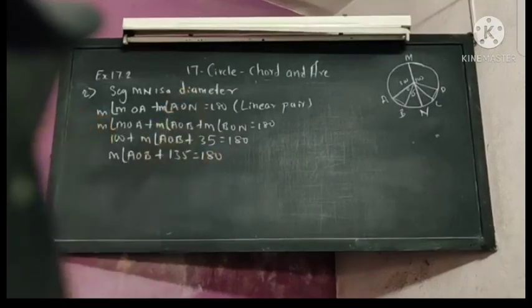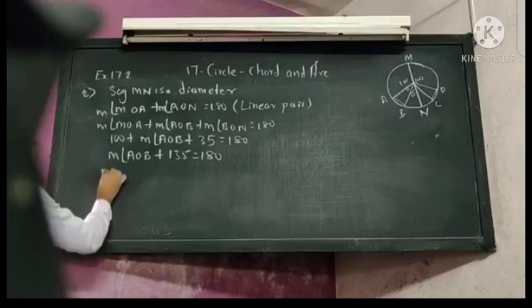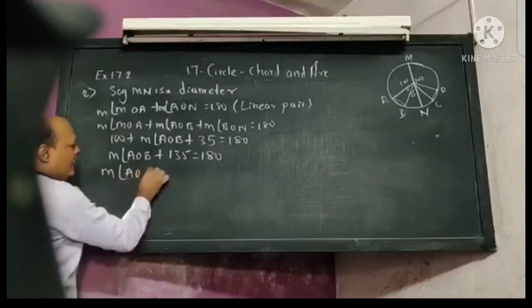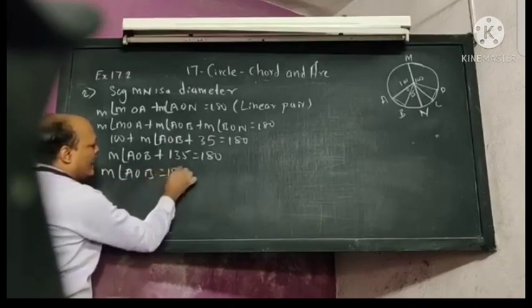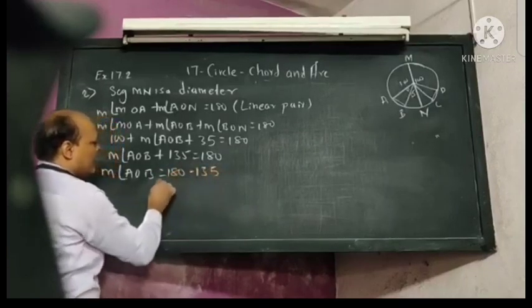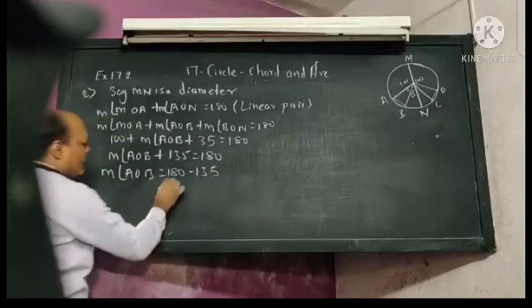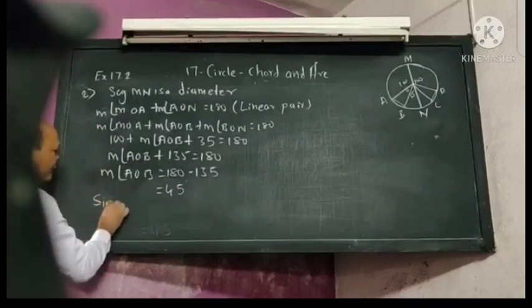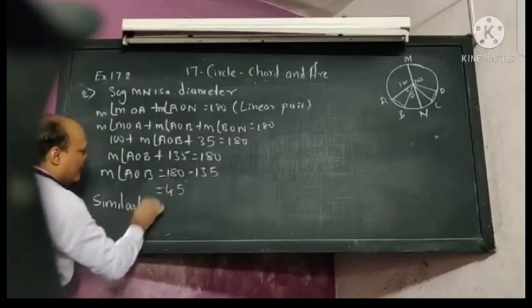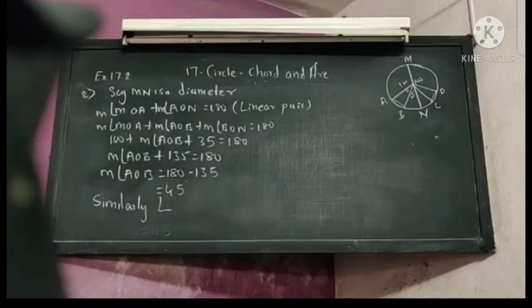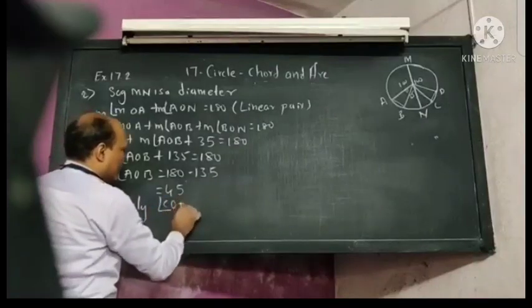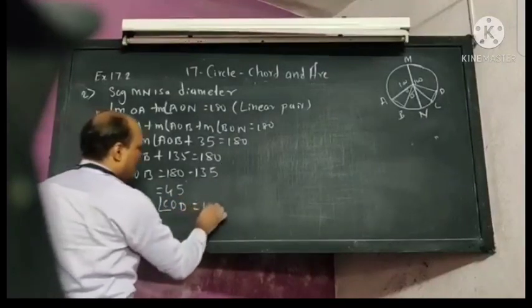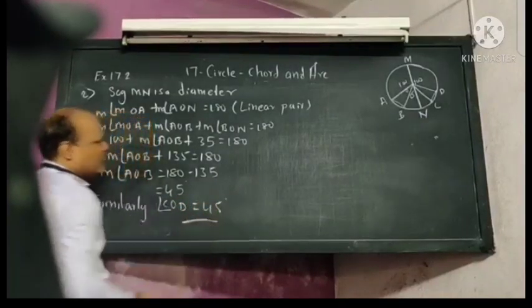We take 135 to the other side: measure angle AOB is equal to 180 minus 135, which is 45 degrees. Similarly, angle COD is equal to 45 degrees. I hope all of you understood question number 1.